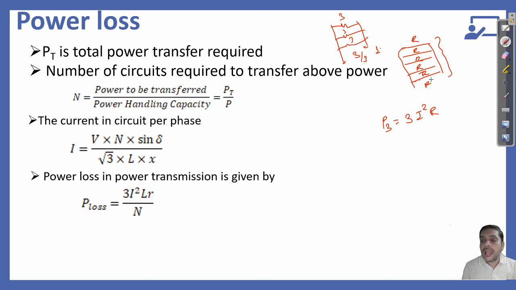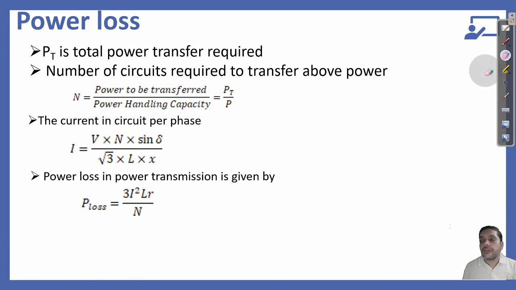So here also n resistances are connected, so the equivalent resistance is reduced. In a parallel circuit, the equivalent resistance is always less than the smallest one. So we divide by n, and since the resistance is in per kilometer, it is a small r, so multiply with the length to get the total resistance. This is the power loss formula.